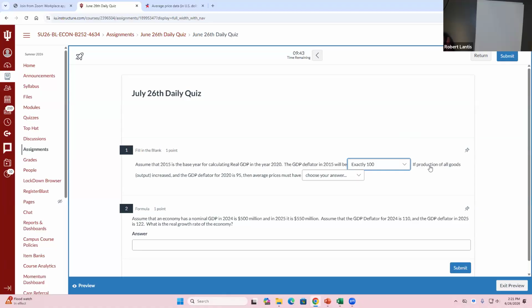Okay. Now, for the second one, if we see that output has increased, right, and the GDP deflator is 95, what must have happened to my average prices? So I've got this GDP deflator, which is 95. What must have happened to my average prices if output or real GDP increased?